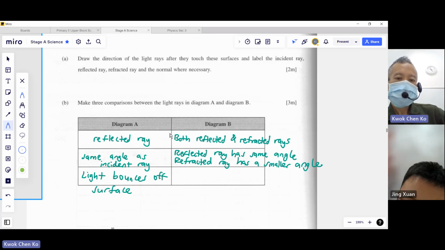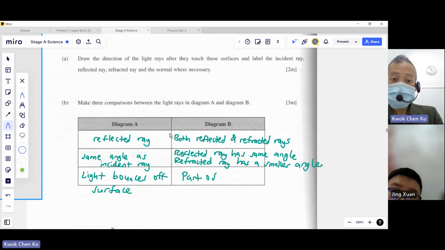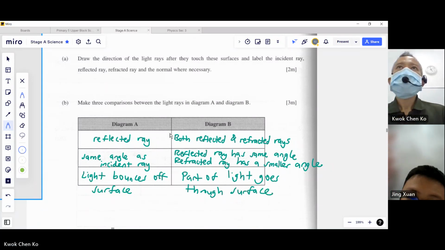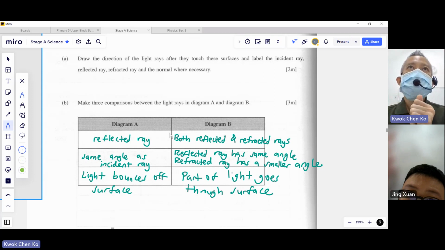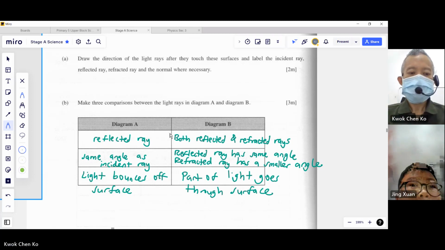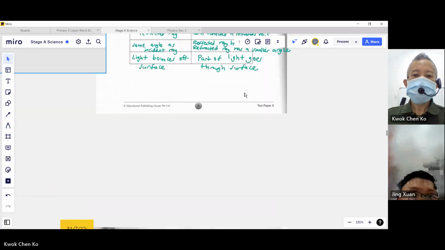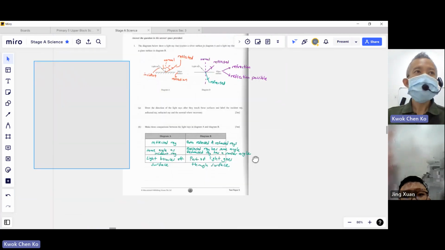Whereas for the diagram, part of the light goes through. Yep, that kind of completes it.